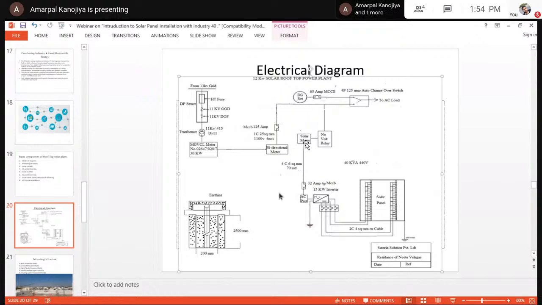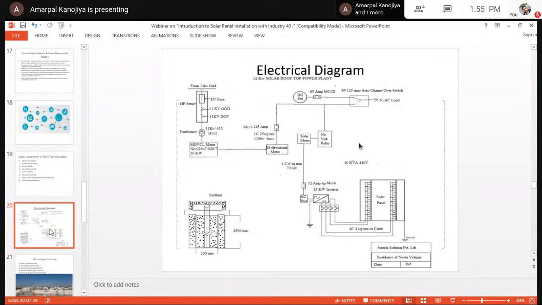The solar meter is attached to the net metering, which is a bidirectional meter. So the solar meter and the bidirectional meter are part of the net metering. Now this bidirectional meter is attached to the grid. Actually, we installed a 12 kilowatt solar power plant at one premises. This is the electrical diagram of that particular plant.